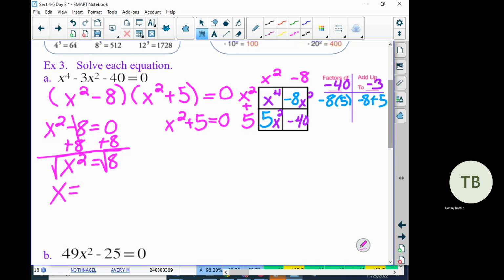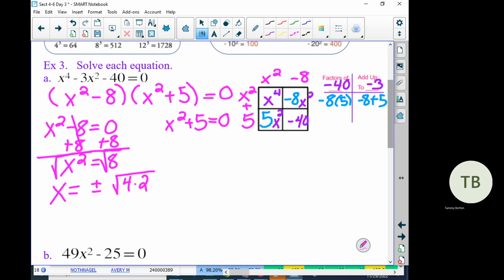Okay. Now, when you take the square root of something, the first thing you have to realize is that it's going to be plus or minus. And then if you remember doing this like a month or so ago, you think, is there a perfect square that goes into 8? So we can simplify that. And 8 is 4 times 2.